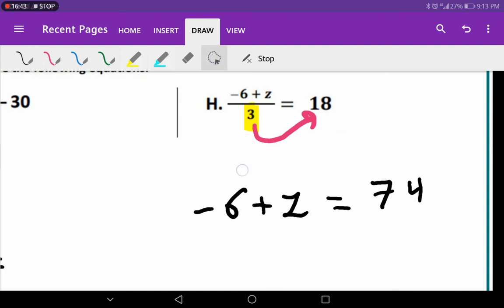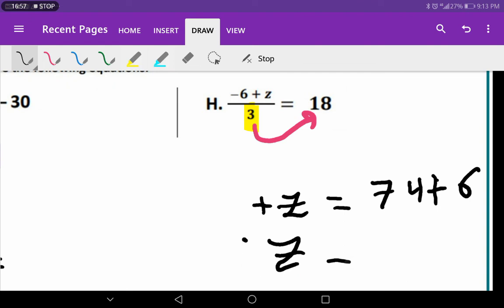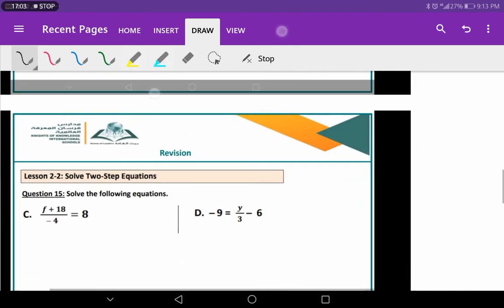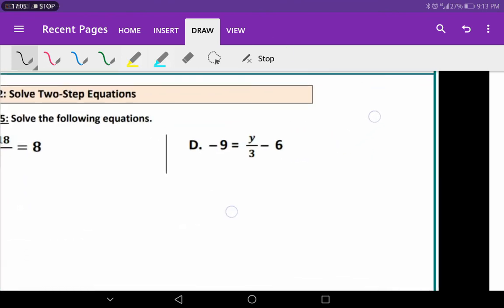Then I send this to the other side and convert the sign. It will be plus. So z equals 80. Okay, what else? So we did this one.